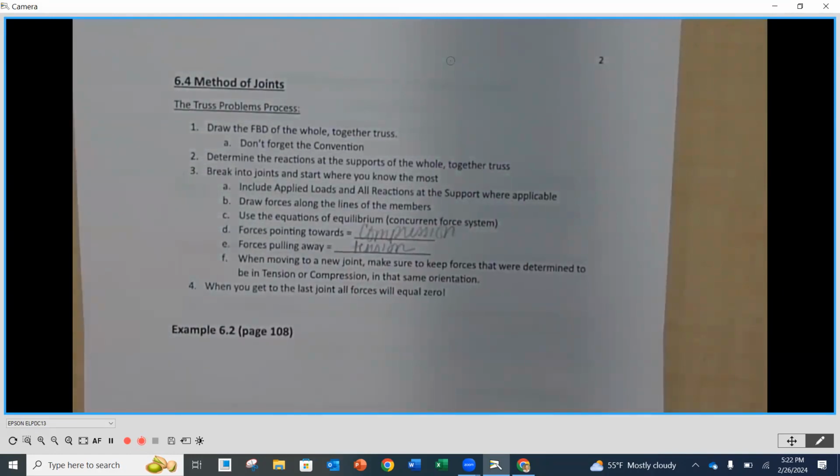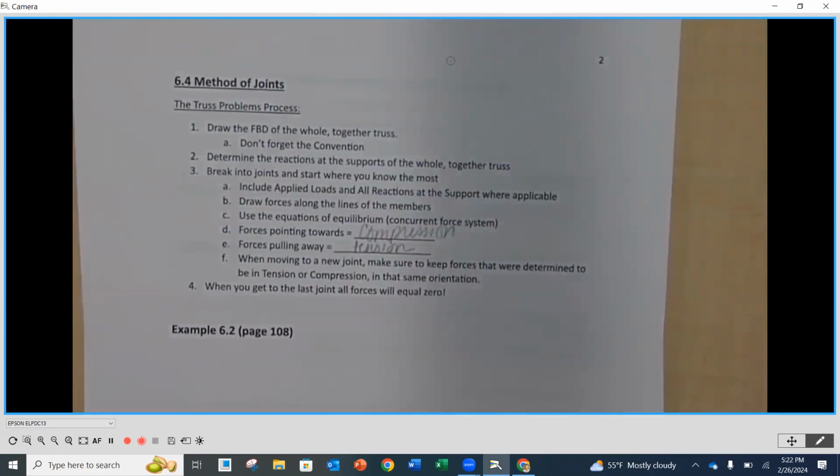And then I'll talk this through as well. When moving to a new joint, we want to make sure to keep the forces that were determined to be in tension or compression in that same orientation on the next joint. Okay, and again, that'll make more sense when we go through it.